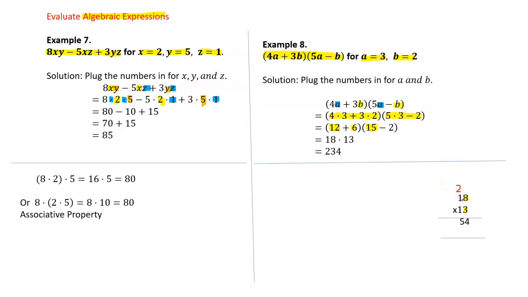So we do 3 times 8, 24. Put 4 down, because 4 is in the ones place, but 2 is in the tens place. So we're going to put it up above 1. And then 3 times 1 is 3. 3 plus 2 gives us this 5.